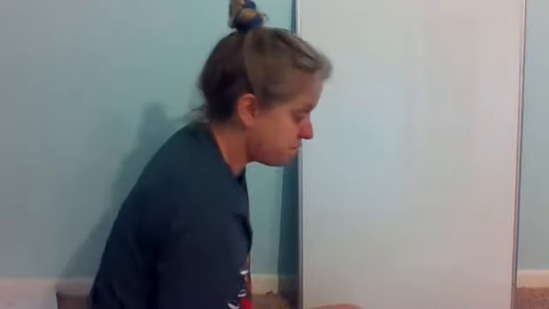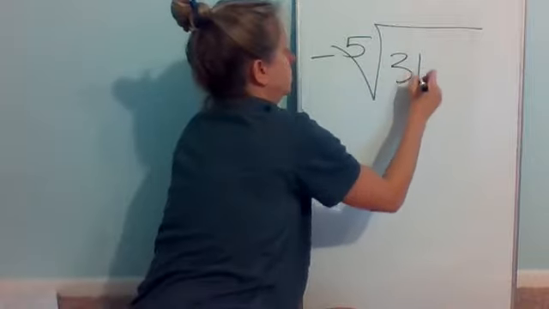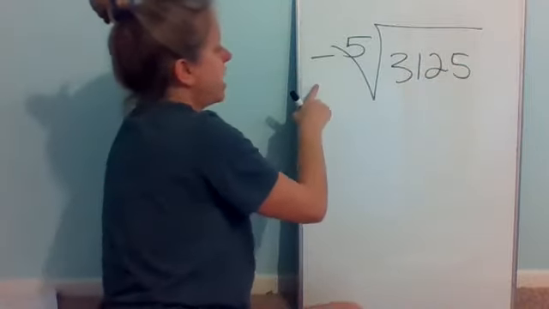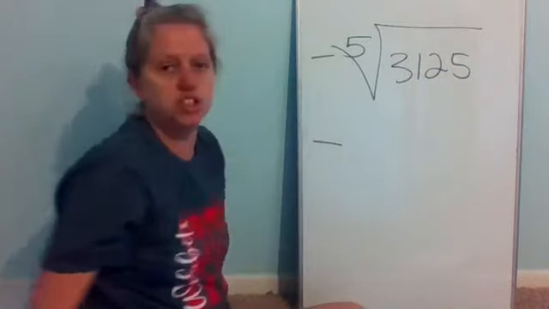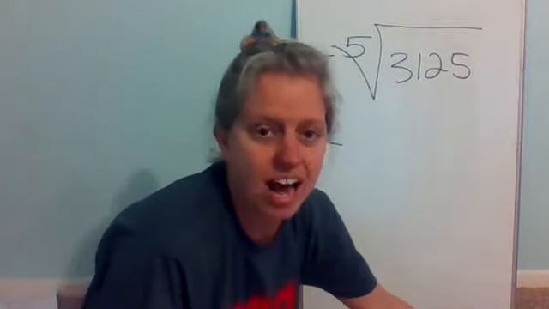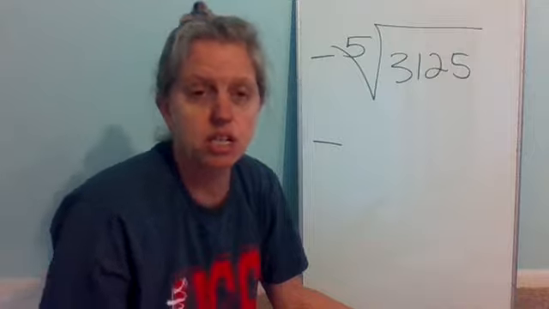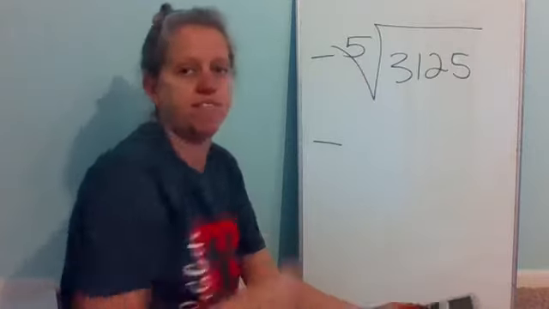So negative 5th root of 3125. What does a negative on the outside do? It just comes down, doesn't have anything to do with what you're doing here. I don't want to mess with trying to find this on my own. So what root number am I taking? 5.